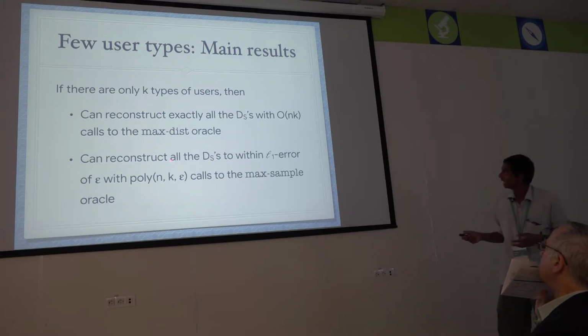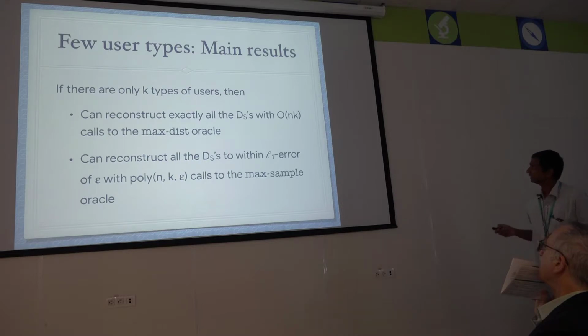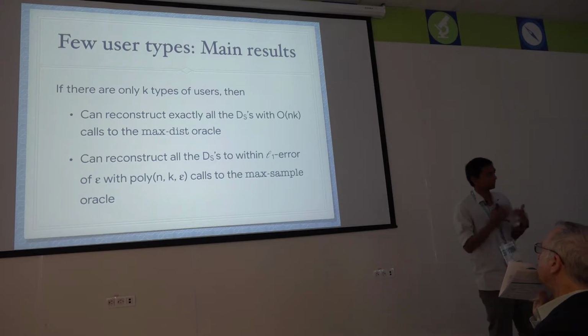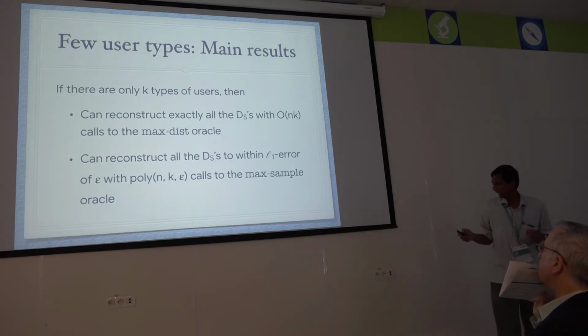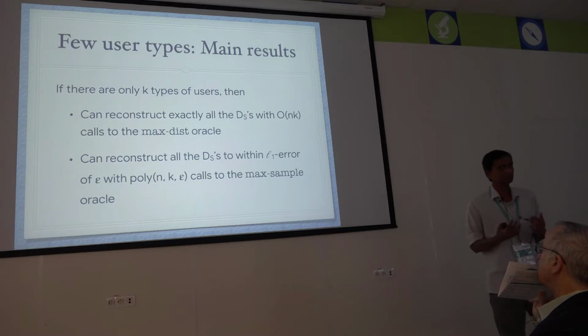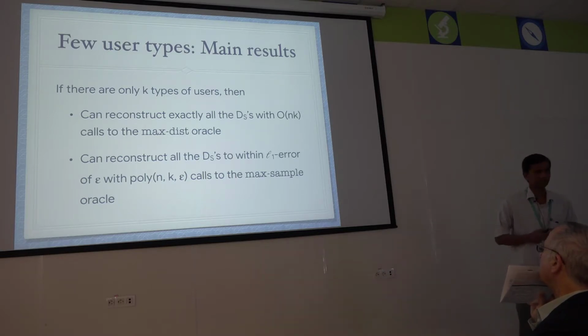So if there are only k types of users, then what we can show is that you can reconstruct exactly all the slate winning probabilities that you want with order nk calls to the max dist oracle. That's the very powerful oracle. And if you relax that oracle to the weaker one, max sample oracle, which is more reasonable, then you only lose polynomial factors. So you can get a similar reconstruction algorithm to approximate the winning distribution to within any given error.